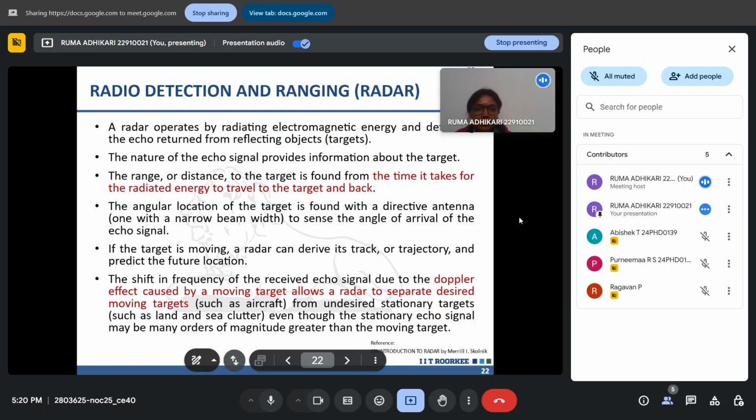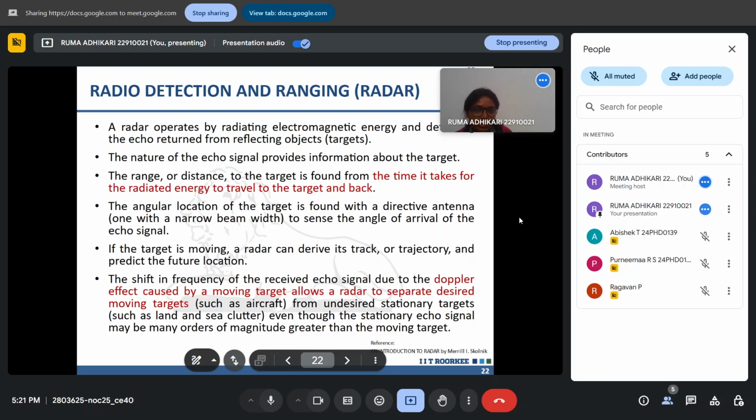And what are these terms coming: the time it takes for the radiated energy. All these things it is doing to measure some distance, that ultimately the distance it will calculate, that is the range, the time it takes for the radiated energy to travel to the target and back. That is how much time it is taking. So it will take double the time: how much time it takes to hit the target and come back.